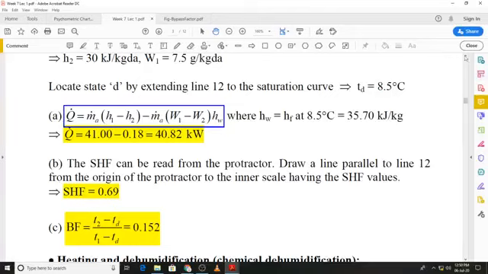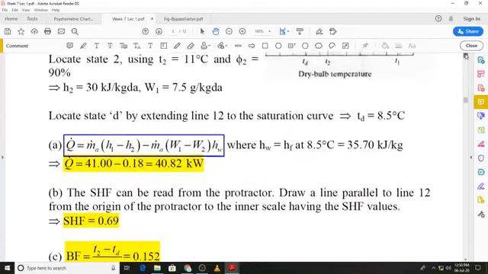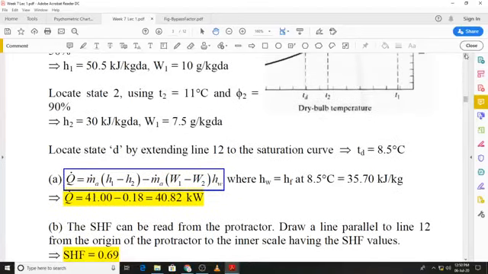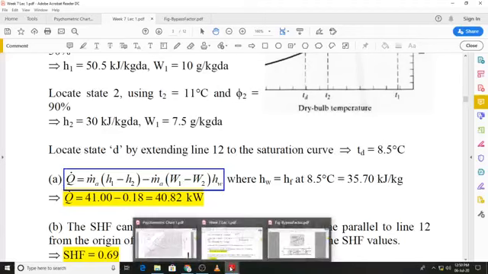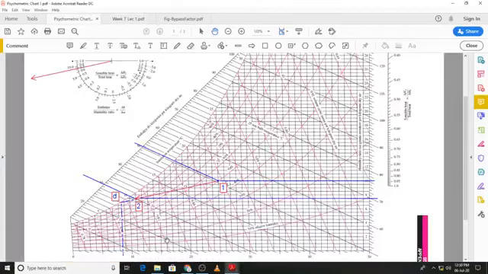You can check those values. I'll just go back a little. h1 is 50.5 and w1 is 10. Similarly, h2 is 30 and w2 is 7.5. If we want, we can look at these. I've already marked these out over here.